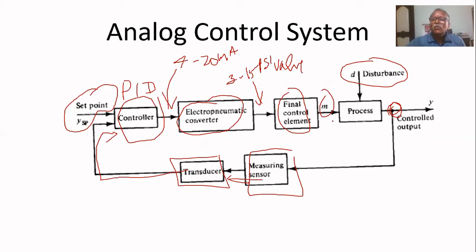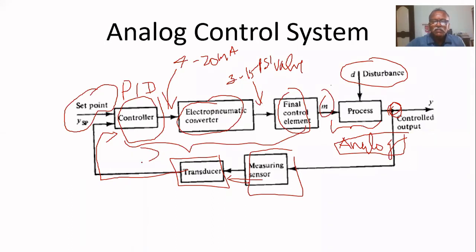But the process is always analog. That's why we cannot convert the process into digital. So why is it called a digital control system? The control system is digital. Whatever element it may be, it can be converted into a digital system.